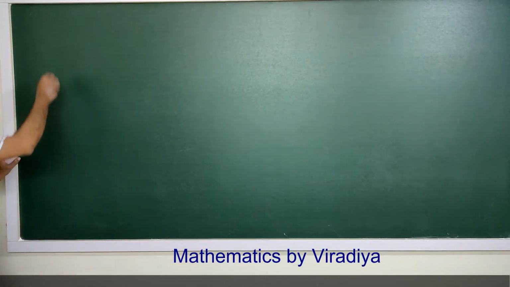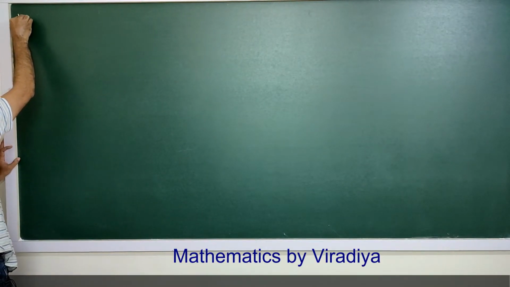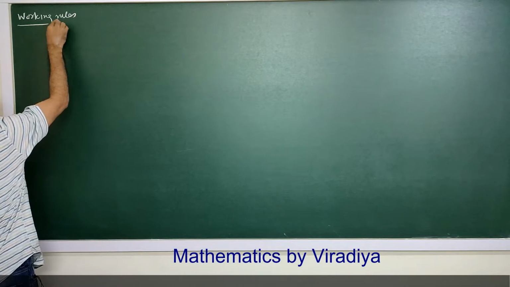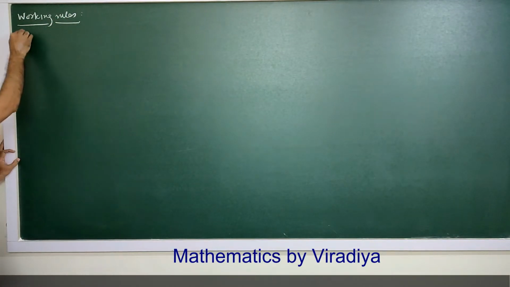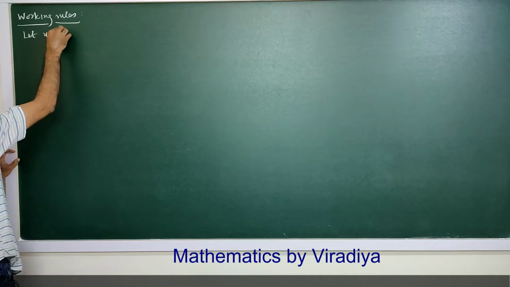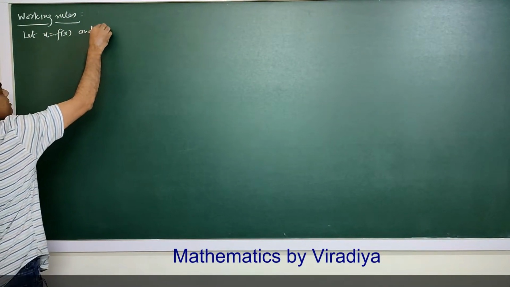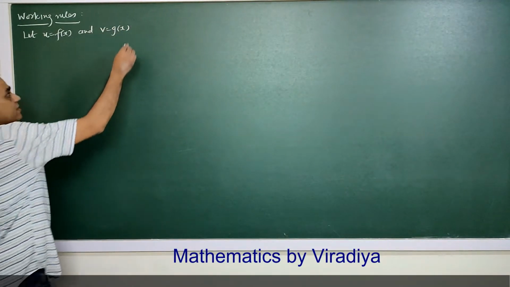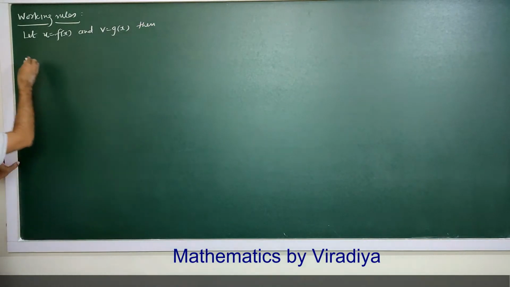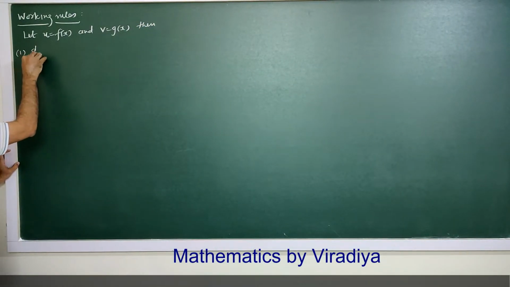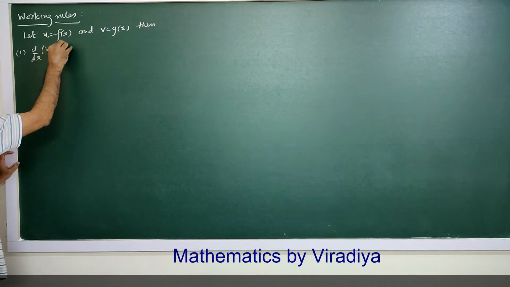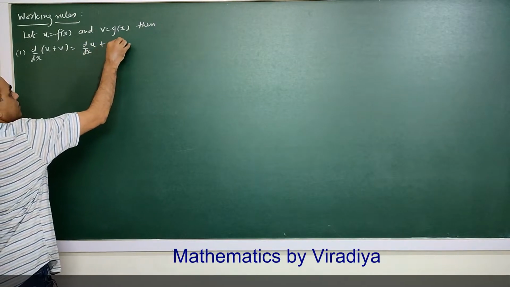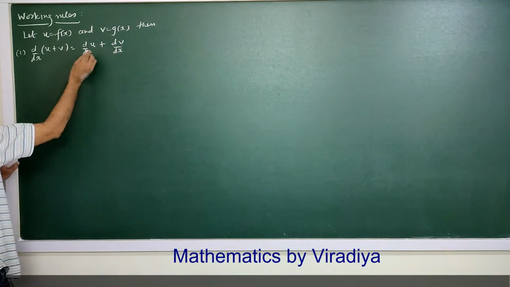Now in the last video we discussed these working rules. If u is a function of x and v is another function of x, then the derivative of u plus v is the derivative of u plus the derivative of v with respect to x.